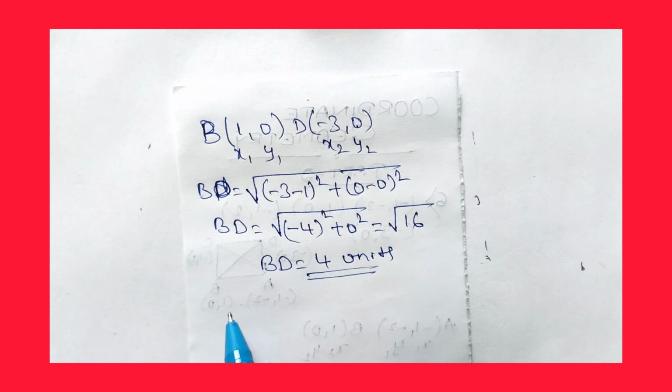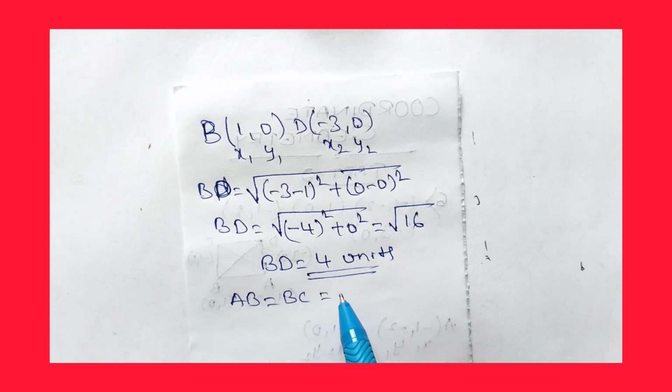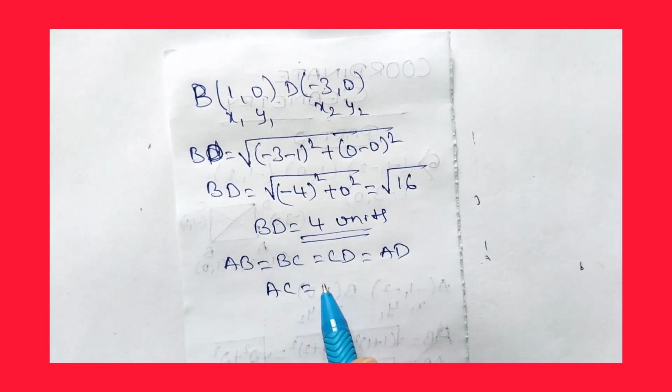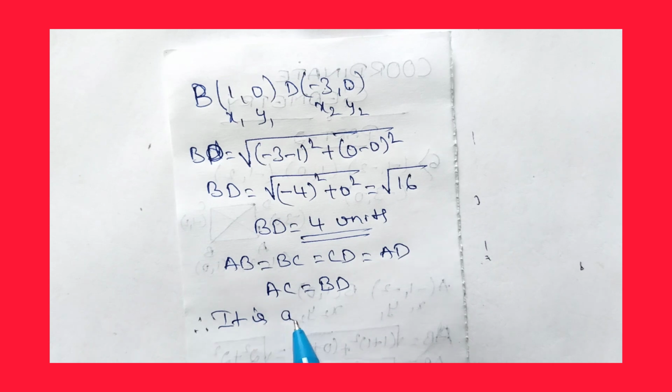So AB is equal to BC is equal to CD is equal to AD. Then AC is equal to BD. Therefore it is a square.